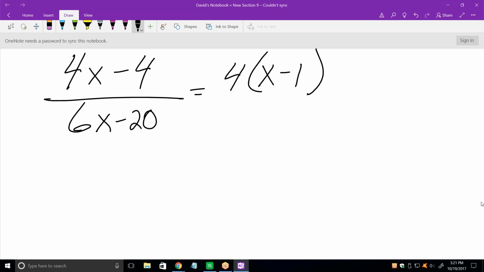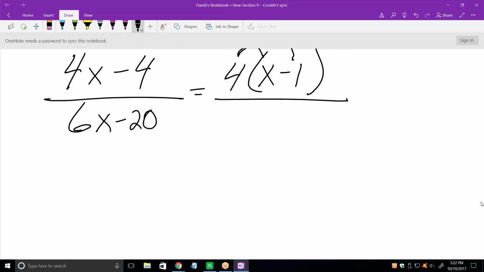In other words, always make sure when you factor that when you put it back together again, you get what you started with. Well, this gives me 4x minus 4. Exactly what I started with. So this is correct. But always do that check. You always got to check and make sure that you get what you started with.